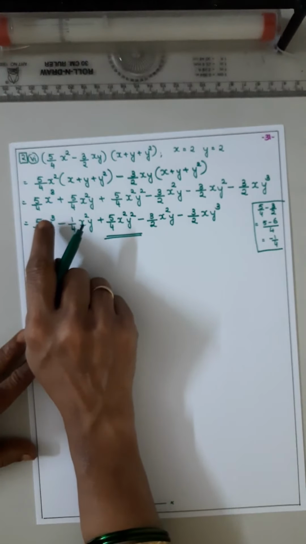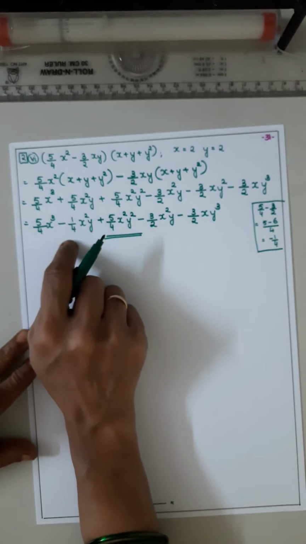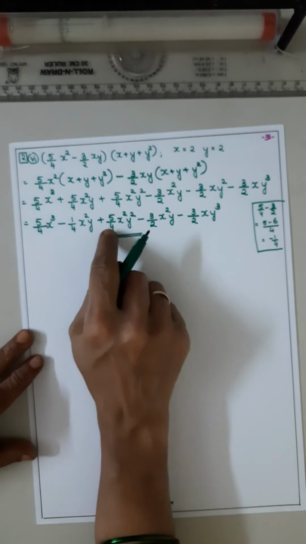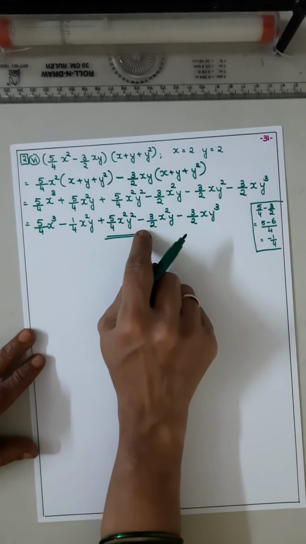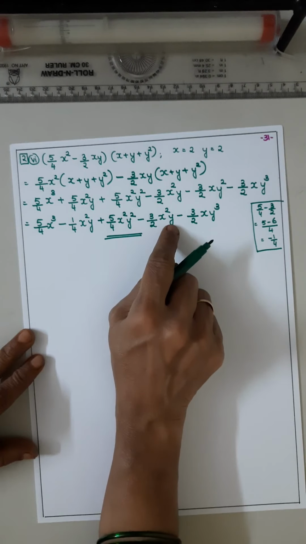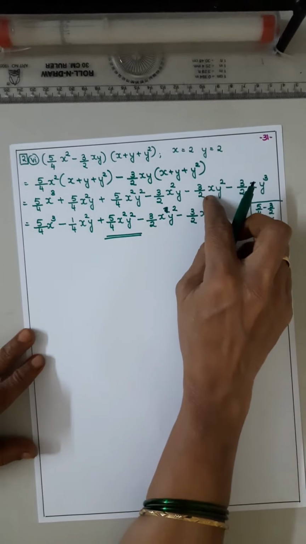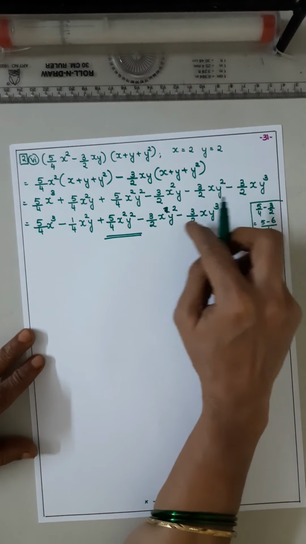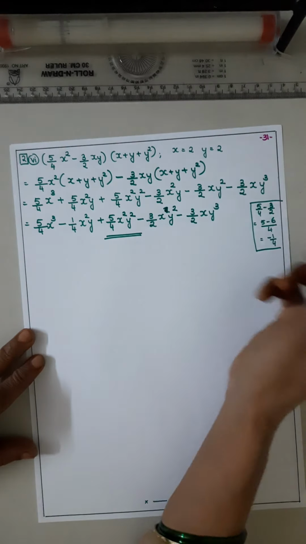So answer is 5 by 4 x cube minus 1 by 4 x squared y plus 5 by 4 x squared y squared minus 3 by 2 xy squared minus 3 by 2 xy cube.